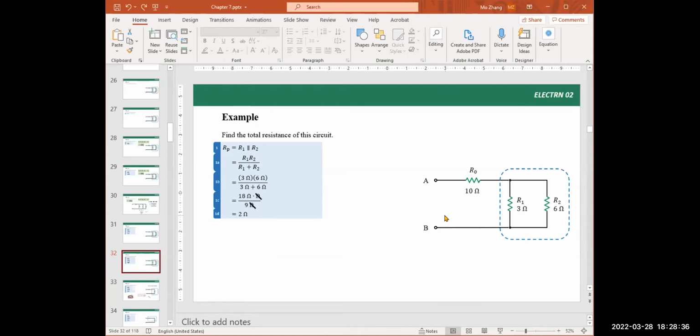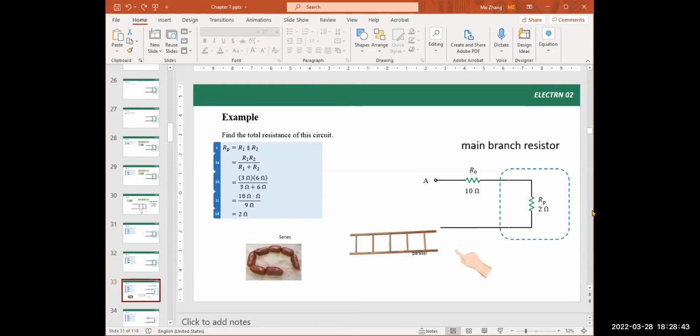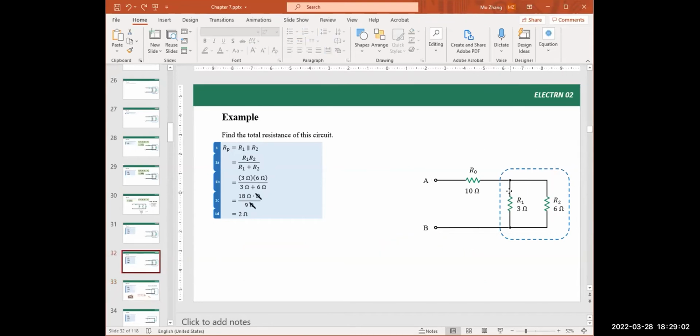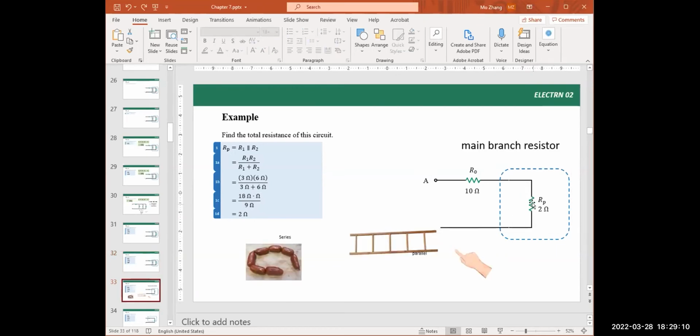So we can literally erase these two wires and resistors and replace that by a single resistor, that RP equals to 2 ohm. Now this works in theory, also works in the actual experiment. So this is true, is correct. We replace the original two parallel branches, parallel wires or resistors, with only one resistor.